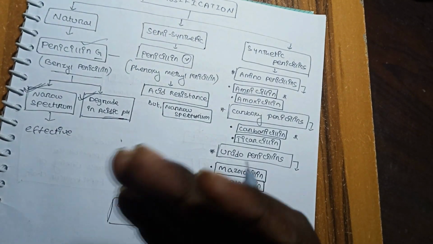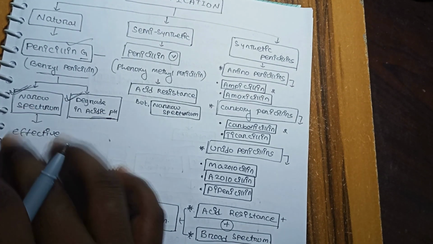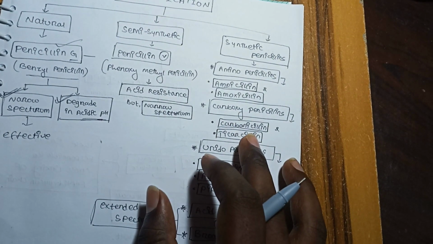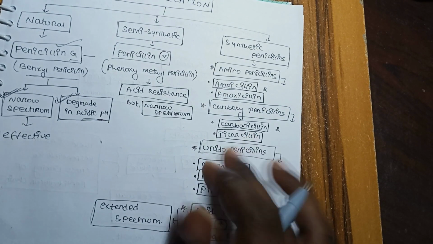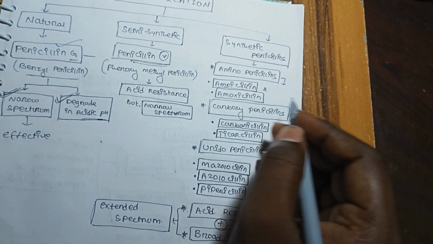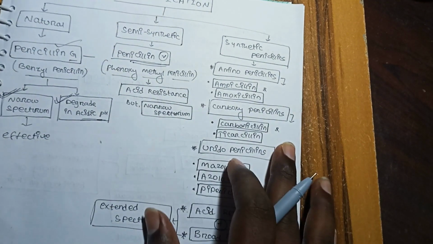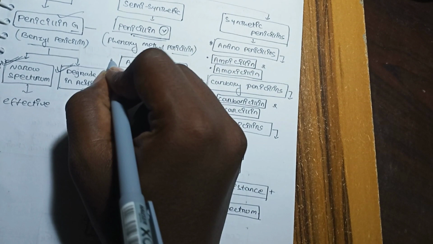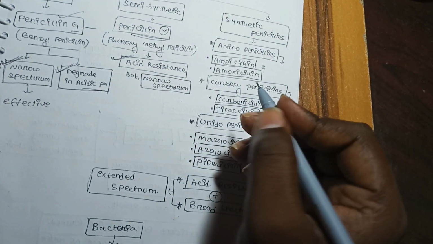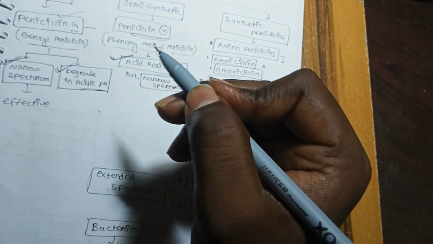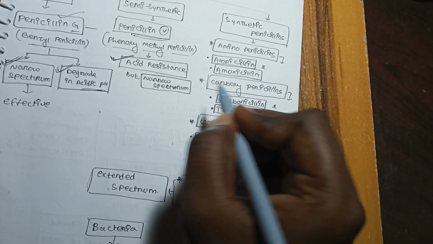So researchers then developed a semi-synthetic penicillin, which is penicillin V, also called phenoxymethyl penicillin. These penicillins are resistant to acidic medium, so they are also called acid resistant penicillin.